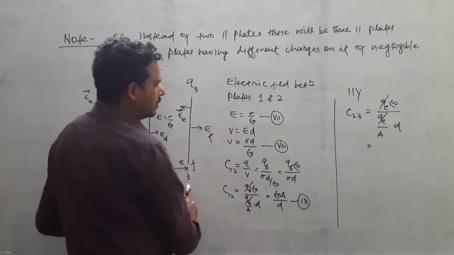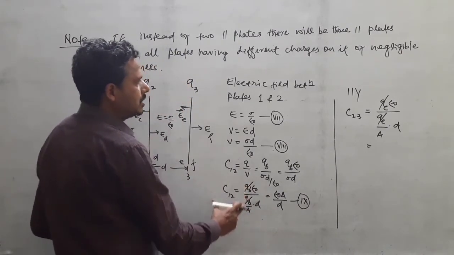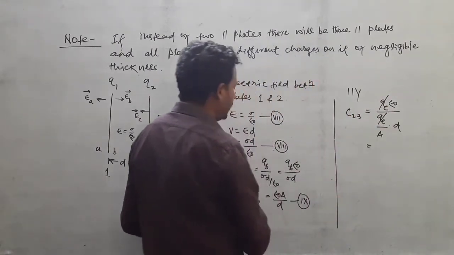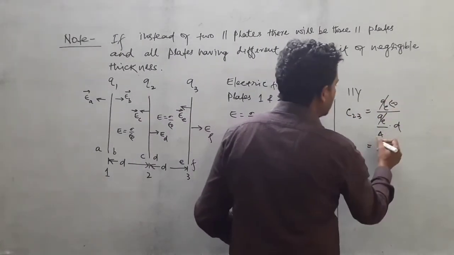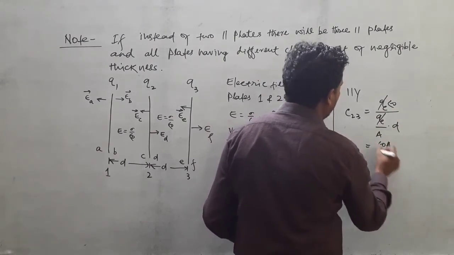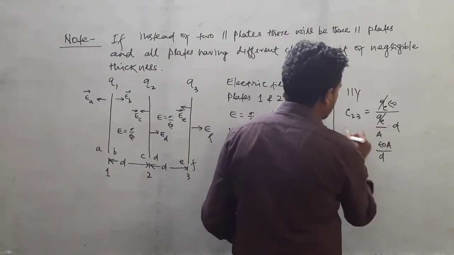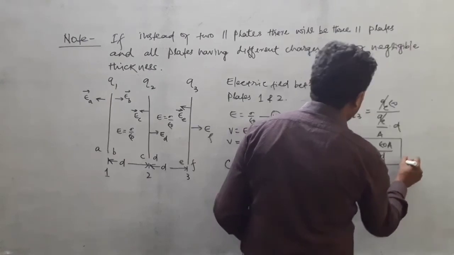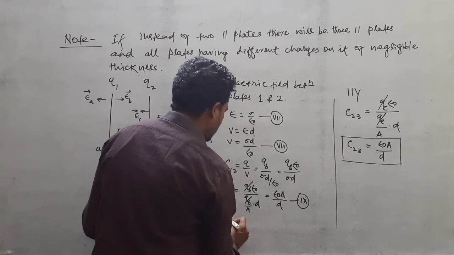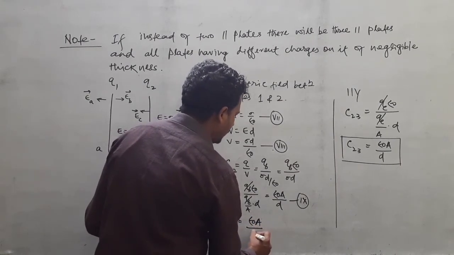Therefore everything will be the same. The difference is only in the charge, so the charge is QC in place of QB. So you will get the same thing, epsilon naught A by D, and this is your capacitance between the second and third plates. So you can see that you are getting the same result, epsilon naught A by D.